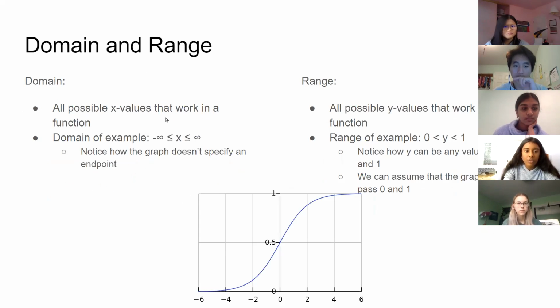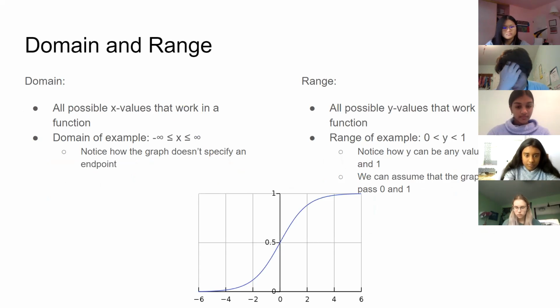So that brings us to domain and range. Domain and range are two things you want to consider when looking at a function. The domain is all the possible x values that work in a function. For example, this looks like a cubic root graph.